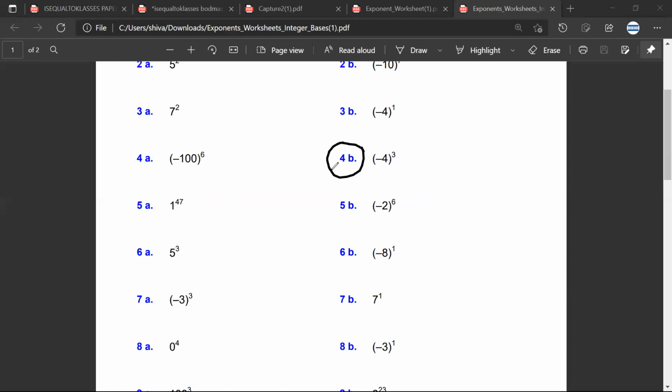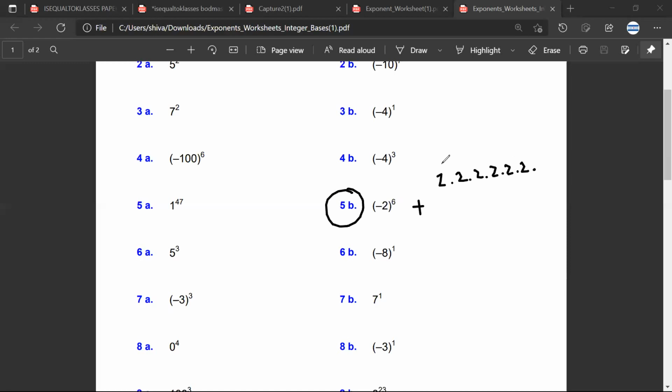What should be the answer for this 5b? So minus 2 into minus 2. Would the answer be positive or negative? So it will be positive. Shabash. So we can just multiply it because we know that the answer is positive.